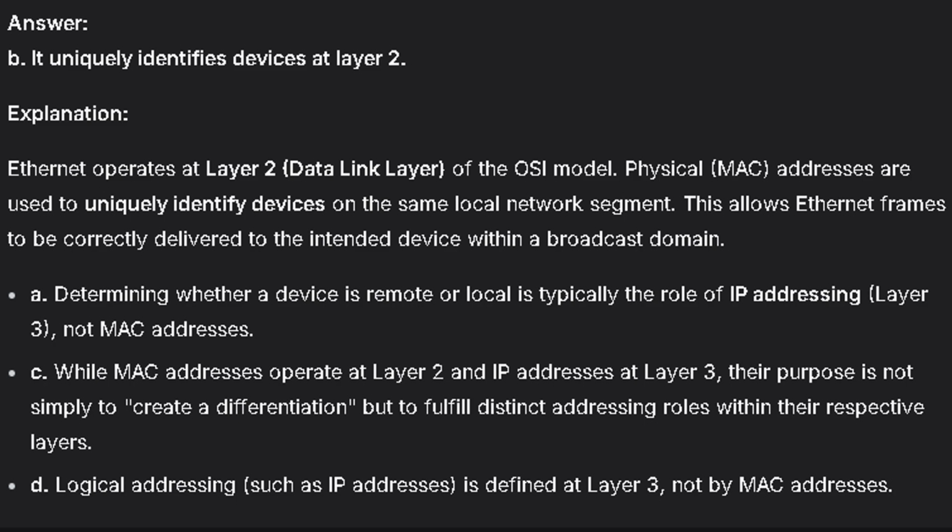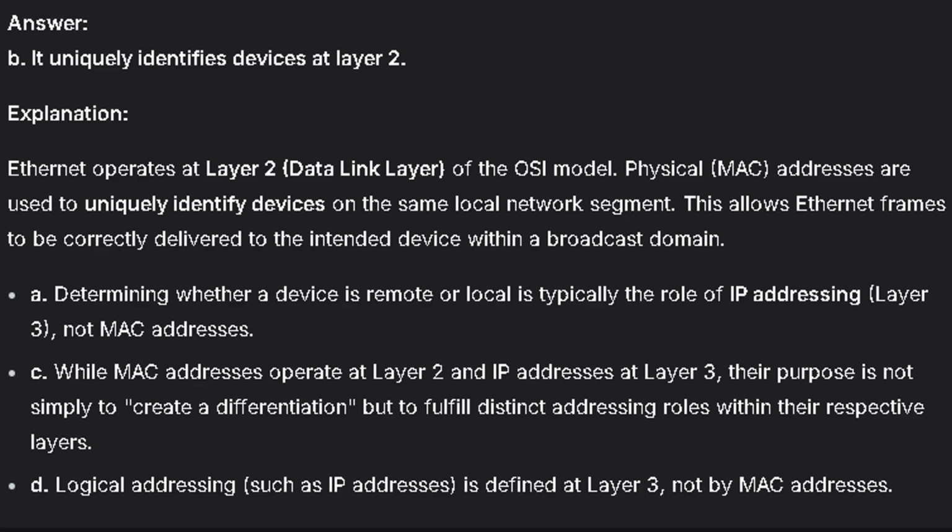Explanation. Ethernet operates at layer 2, the data link layer, of the OSI model. Physical or MAC addresses are used to uniquely identify devices on the same local network segment. This allows Ethernet frames to be delivered to the intended device within a broadcast domain. A. Determining whether a device is remote or local is typically the role of IP addressing, layer 3, not MAC addresses.